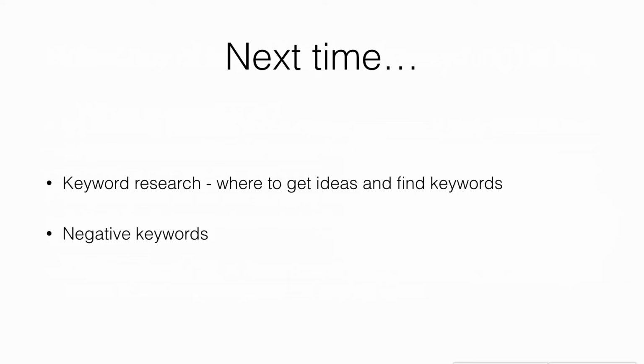Well, we might want to include negative keywords like cheap or free or giveaway or anything like that, that is likely to be typed into the Google search engine by somebody who is not right for our product or service, who is not part of our target audience. So it's actually a really powerful tool to make sure that we're only showing our ads to people who are qualified potential customers. So that's what's happening next time, guys. Keyword research, where to get ideas and find keywords now that we understand why we're choosing them and how to choose them. And we'll have a look at negative keywords as well.